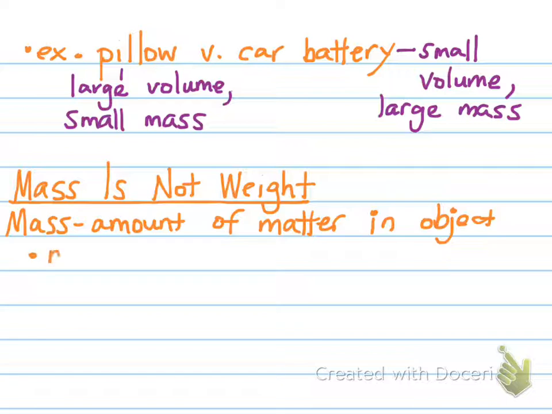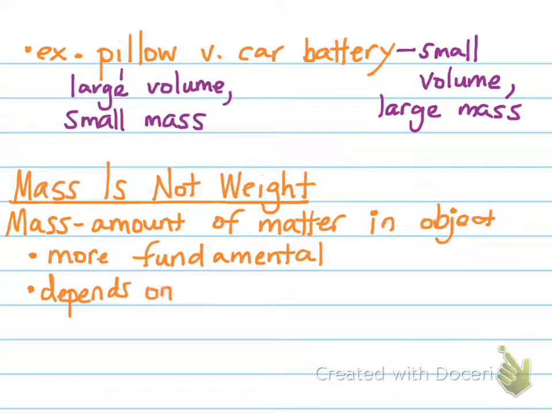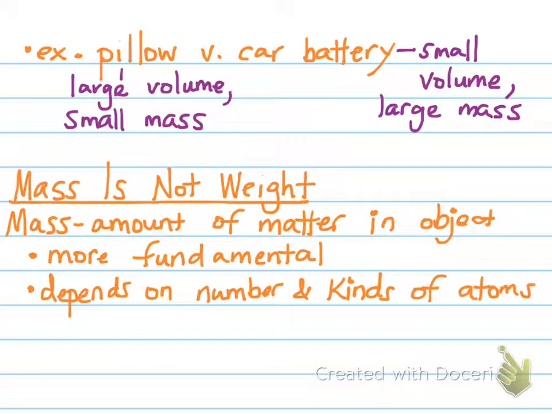Mass is considered a fundamental science concept, and is more fundamental than weight is. And the reason that it's considered more fundamental is because mass depends on the number and kinds of atoms that make it up.